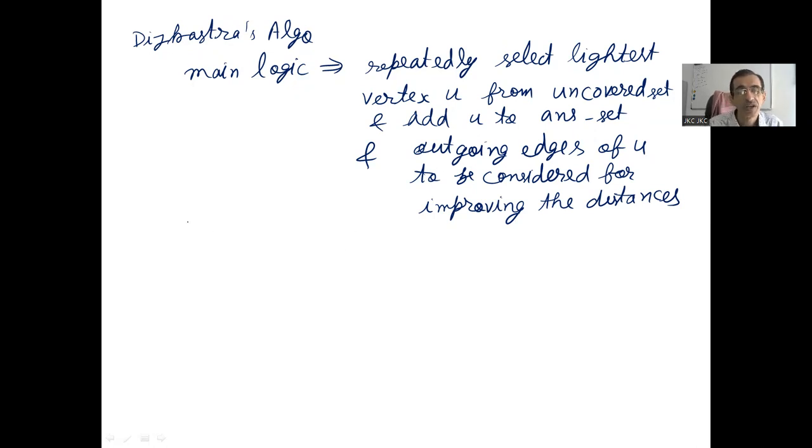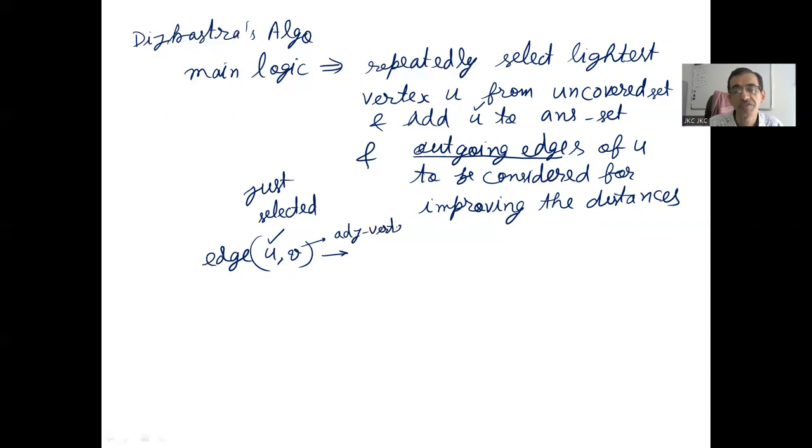So I say once I had selected some vertex U, I am going to consider its outgoing edge. So some outgoing edge will be considered. So if I am talking of edge UV, this might improve the distance of V or might not improve. U is final. So this is already selected vertex now, just selected. In this iteration, this is the U, and V is going to be the adjacent vertex of U, one by one.